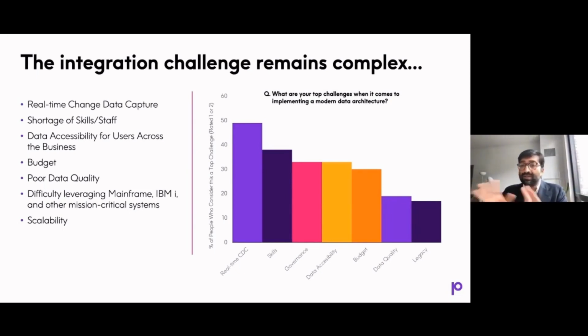Now, a couple other things that I would note here as challenges or complexities. I think budget's always really important to bring to the forefront, right? It's really important to not spend on maintenance, but to spend on innovation. And that's easier said than done, right? Maintenance is the cost that you oftentimes have to pay.